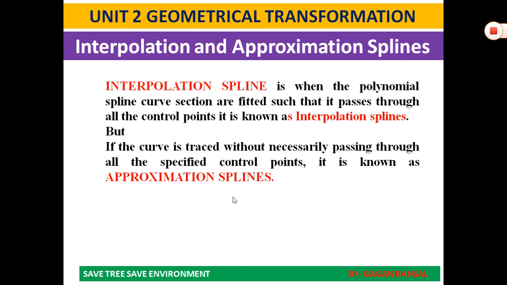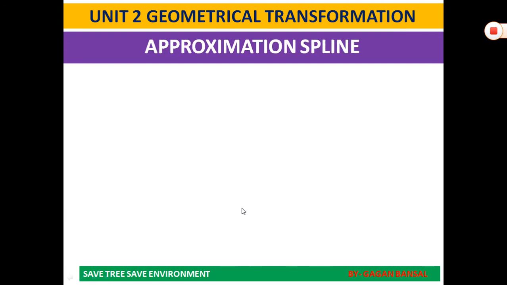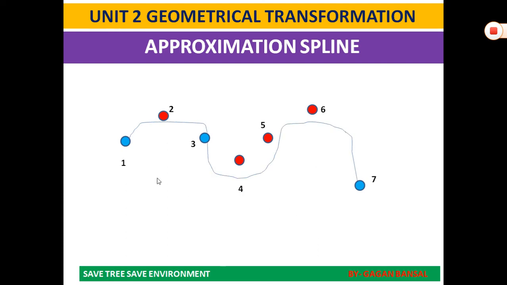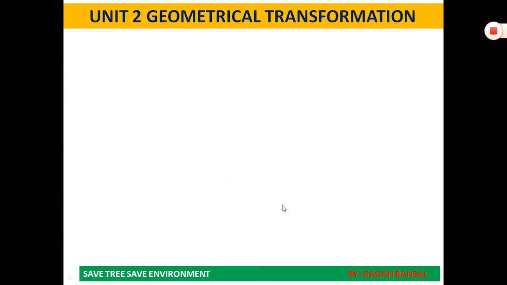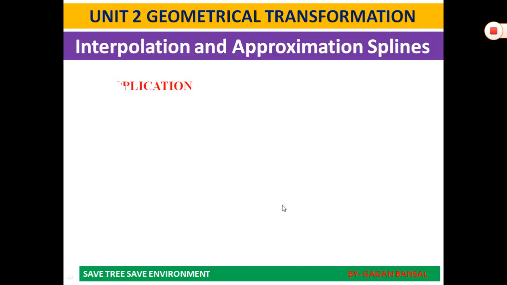What it means is that when the curve is not passing through all the control points but most of them, it is known as an approximation spline. Here also I have a small demonstration. Suppose we have certain control points named 1 2 3 4 5 6 7, and if our curve is not passing through all the control points, that is known as an approximation spline.